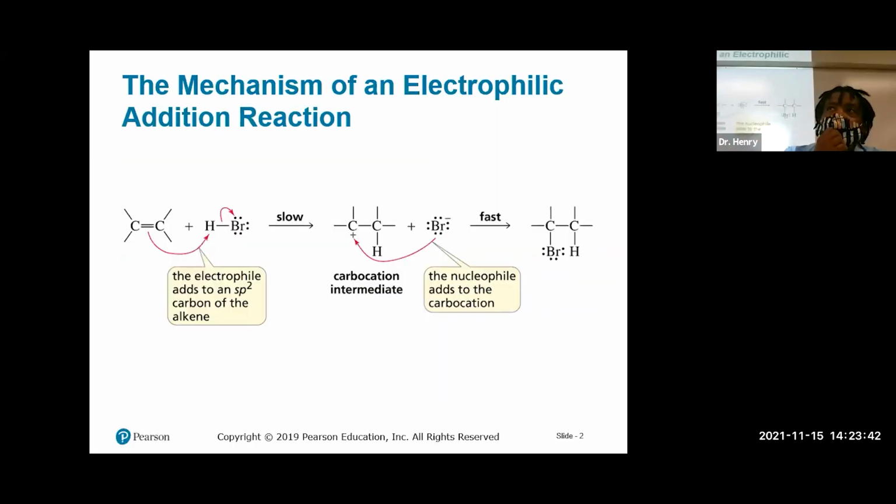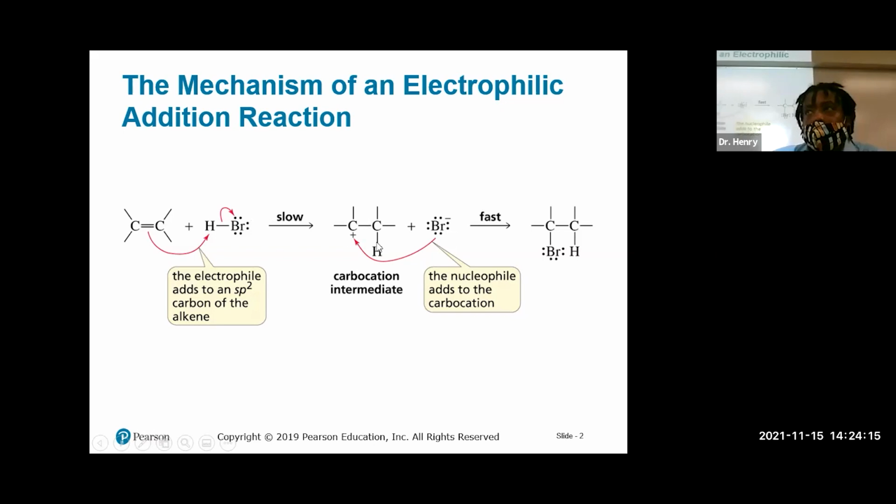Okay, so we've already been sort of playing with the electrophilic addition reaction. It's going to be a generic case, and then we're going to go through it specifically. Here, the double bond is going to act on the hydrogen, which is going to cause a carbocation on one of the carbons.